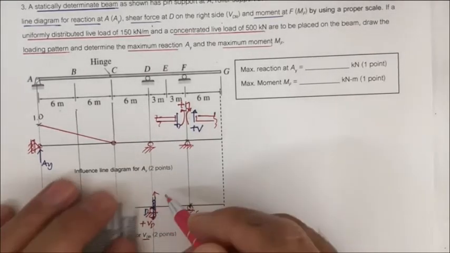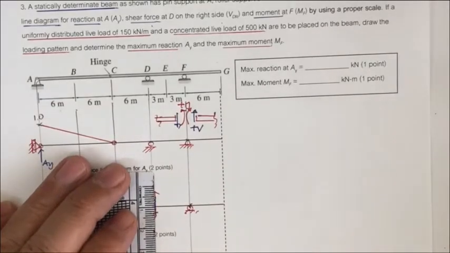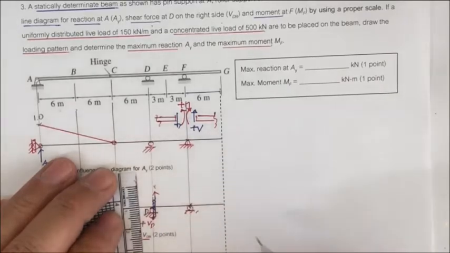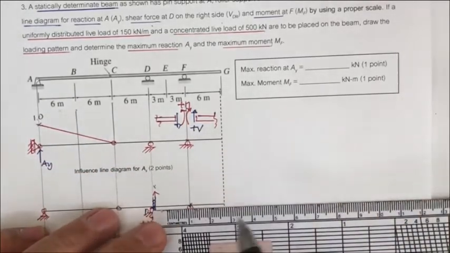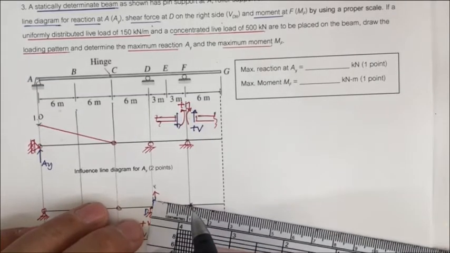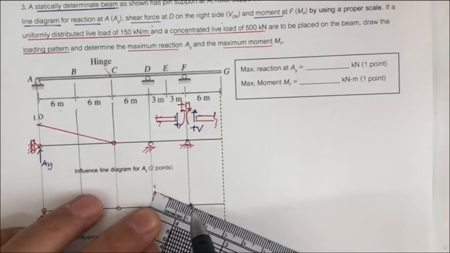Since there is no movement here, this one is going to be freely moved for 1 unit, so it moves to here, and with this one as the rotating point, the movement is going to rotate in the form like this.